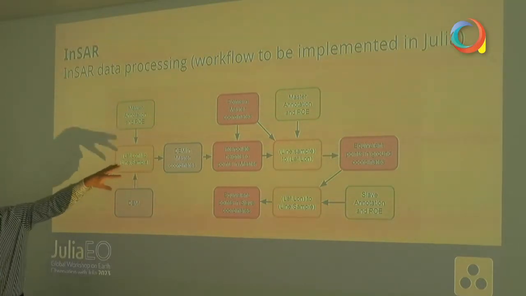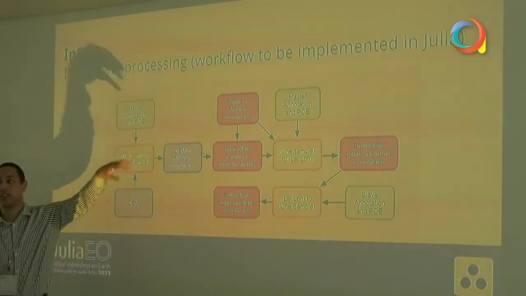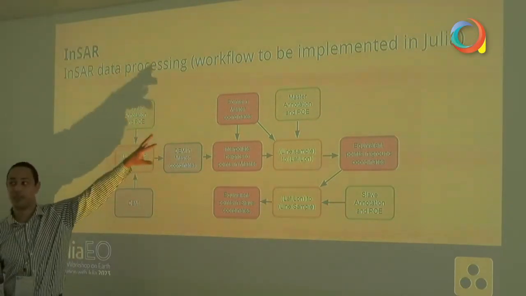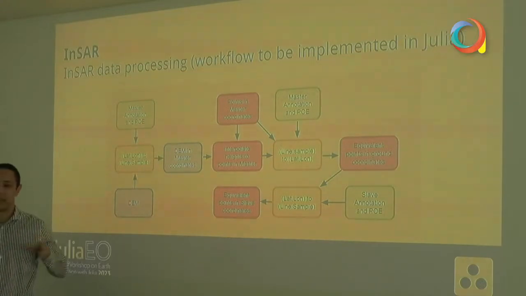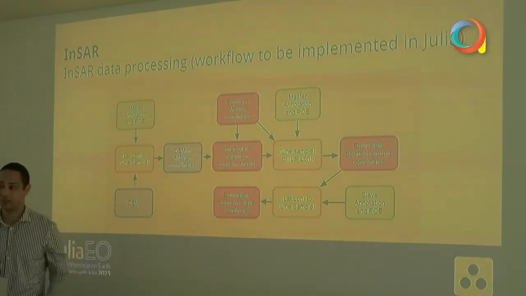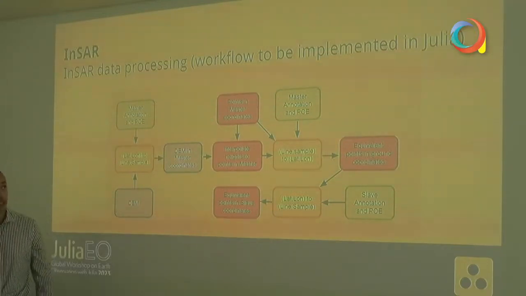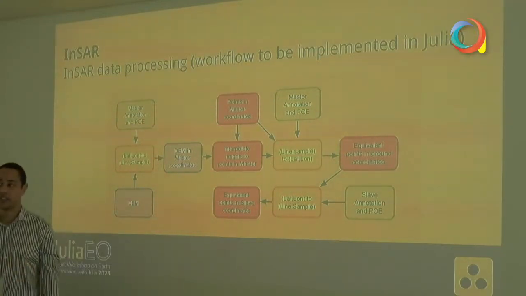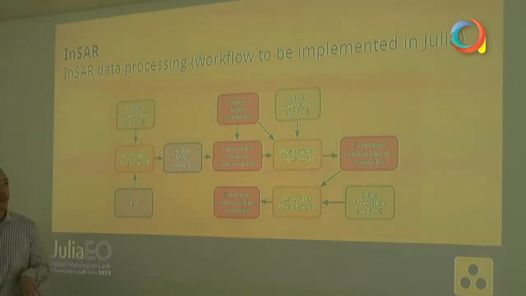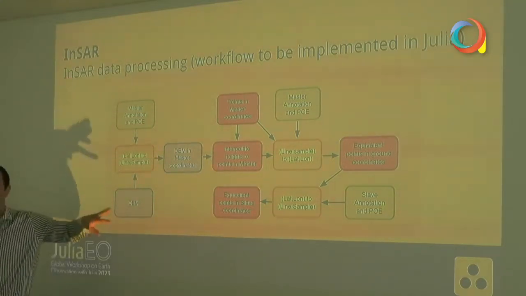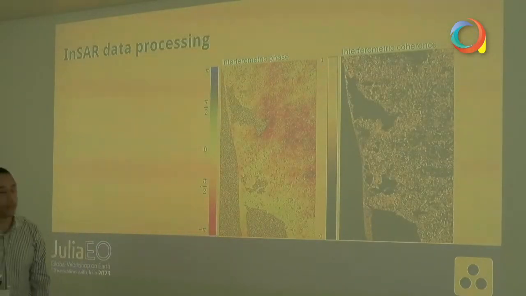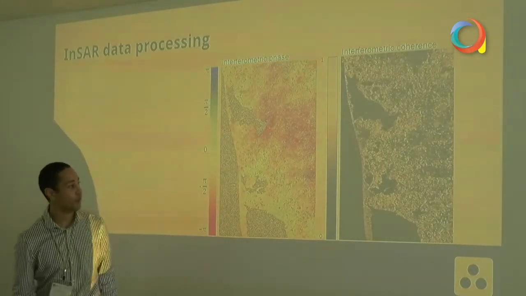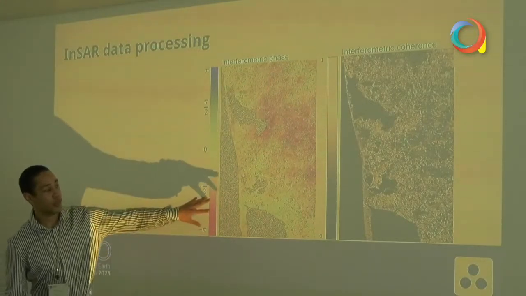Once you have the heights of the pixels, you are able to transform them to coordinates, and then you can transform them to positions in the second image. Here you are able to resample the second image, stack them on top of each other, and then you can start the InSAR processing. This process can be quite tedious, and there are a lot of small things, but we will step through it during the hands-on session.